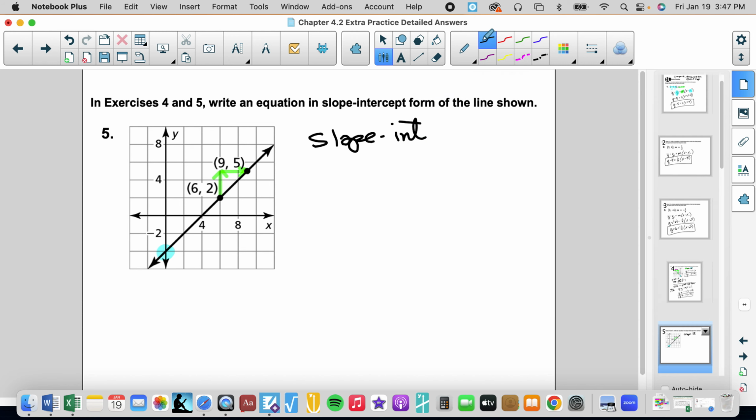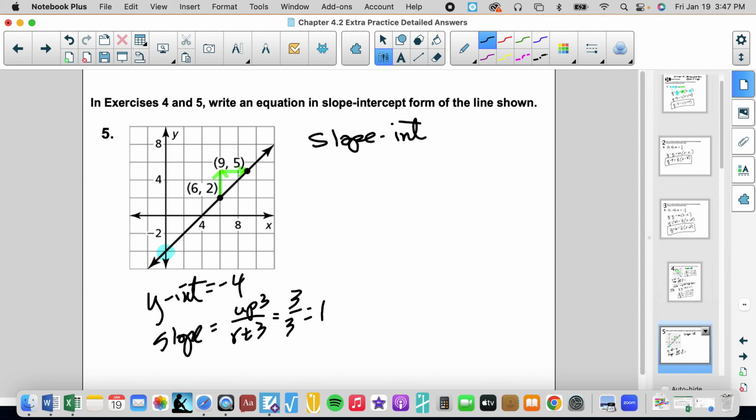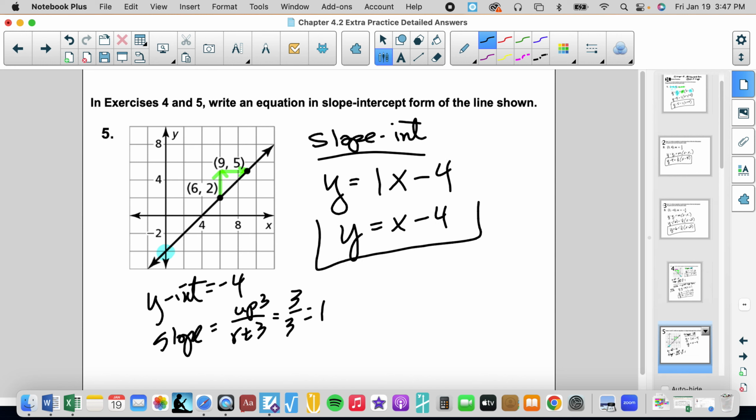So another tricky one. My y-intercept is going to equal negative 4, and my slope is going to be up 3, right 3, which is 3 over 3, which is 1. So my slope-intercept form is going to be y equals positive 1x minus 4, which gives me y equals x minus 4. We again would not write 1x.